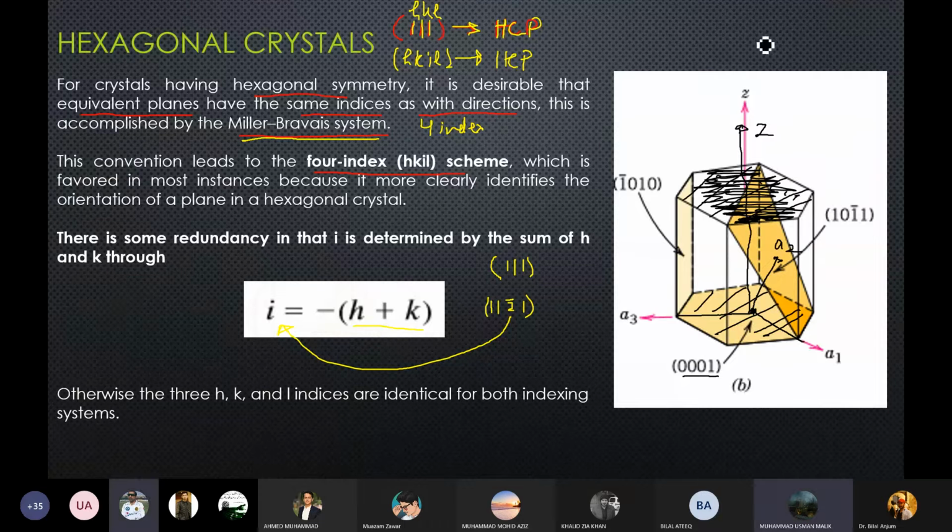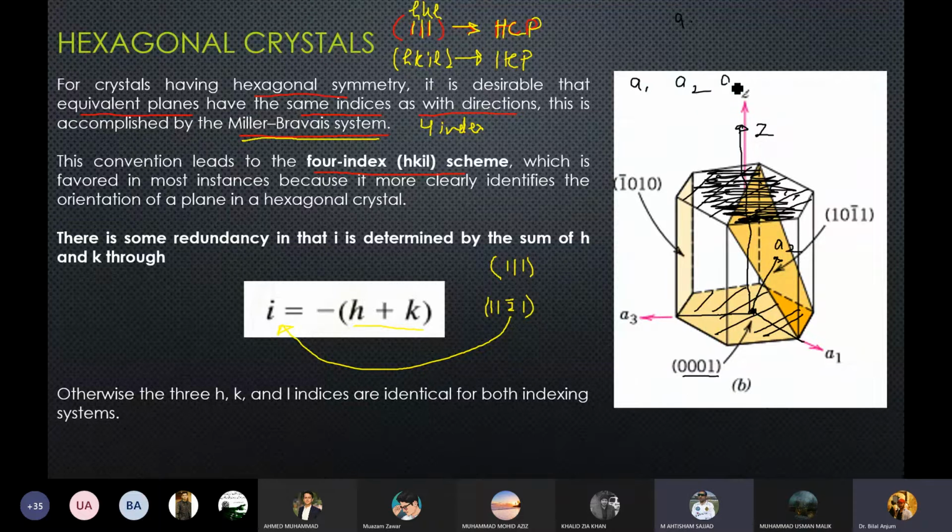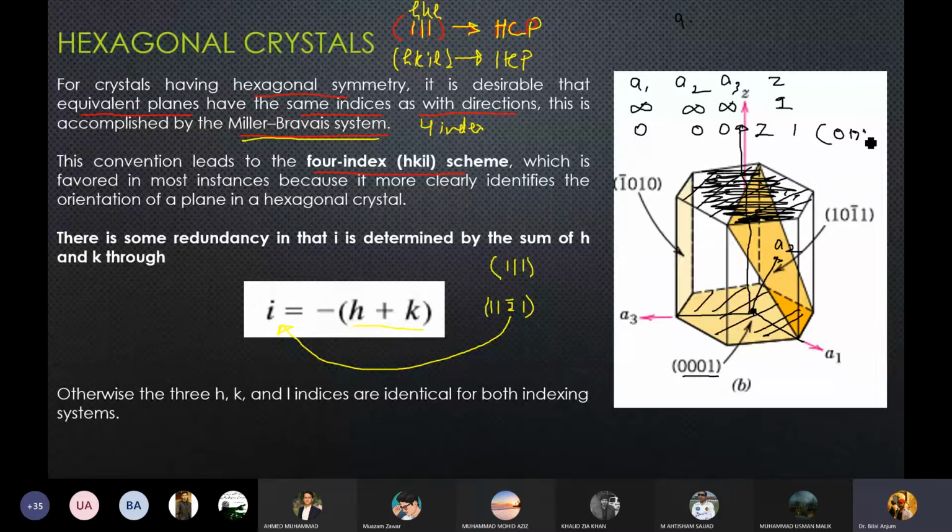No, sir. Only the Z axis it will cut. Absolutely. A1, A2, A3 would be infinity, infinity, infinity, and the Z axis it is cutting at 1. So you'll have 0, 0, 0, 1. That means the Miller indices would be 0001 for the same plane. Clear enough?